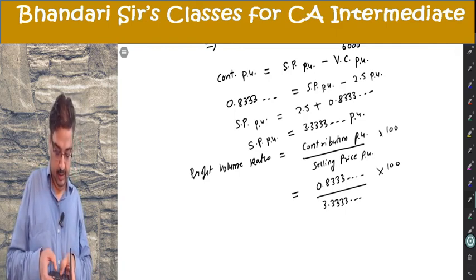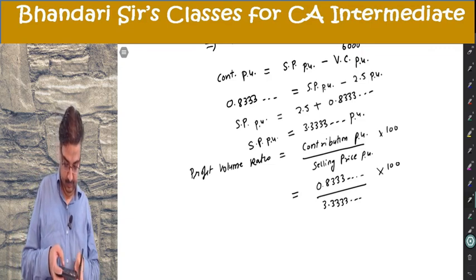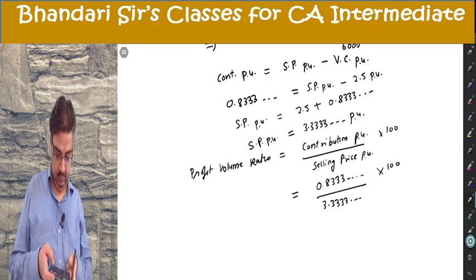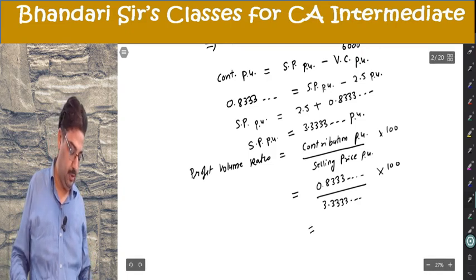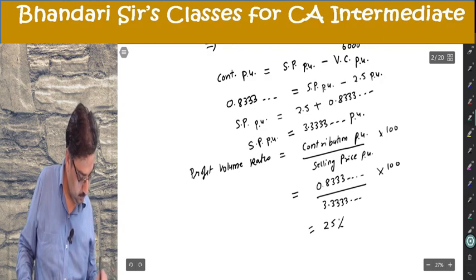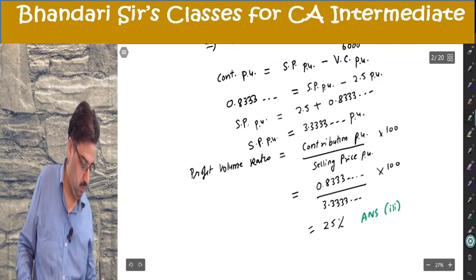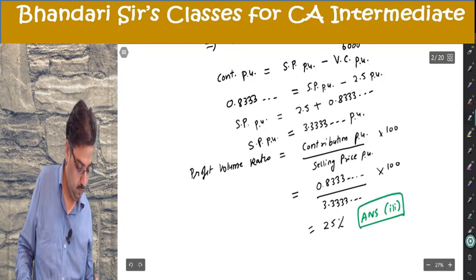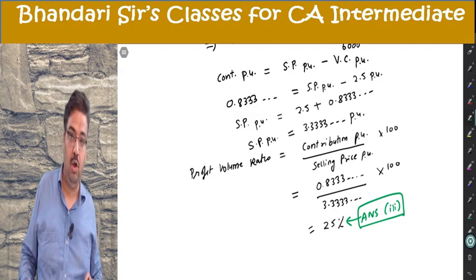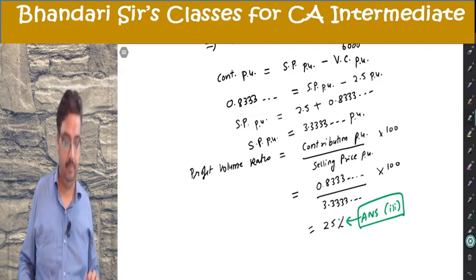So 0.83333 divided by 3.333. This becomes 25%. This is the answer of the third part. That is a complete starting question on marginal costing.